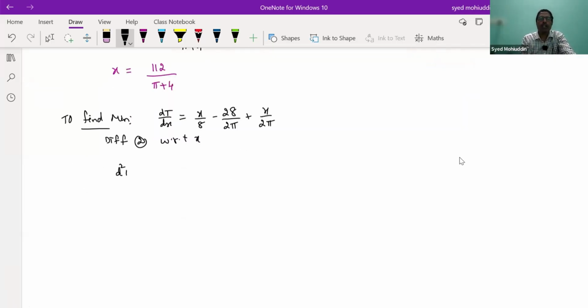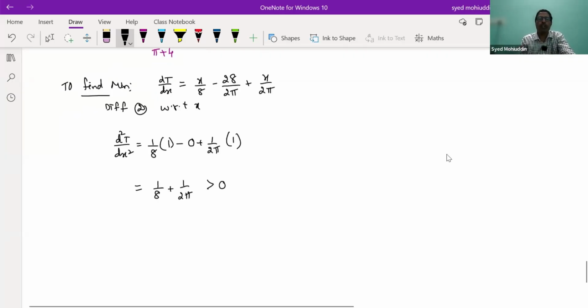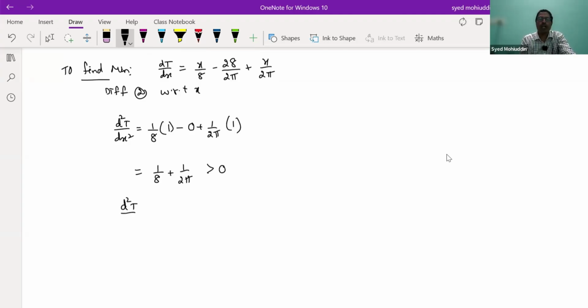So you'll be getting d square t by dx square equal to 1 by 8 as it is, since differentiation of x is 1. 28 by pi is completely a constant, and differentiation of a constant is 0. Plus 1 by 2 pi is a constant, and differentiation of x will be 1. So therefore we'll have 1 by 8 plus 1 by 2 pi. So this is also positive. 1 by 8 is positive and 1 by 2 pi is also positive. Therefore, this value is greater than 0. d square t by dx square is greater than 0. That means t is minimum.